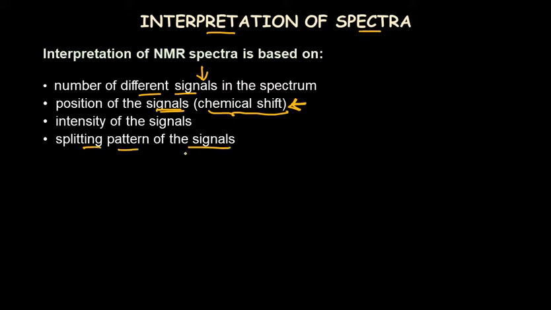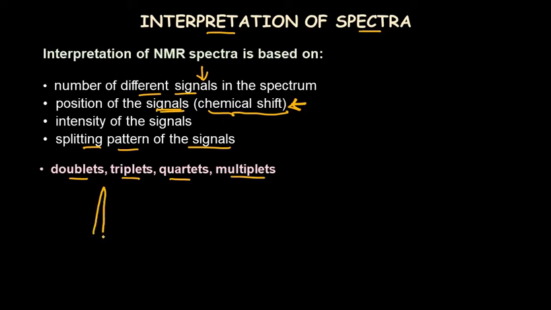Now I'll explain what we mean by the splitting of a signal. What kind of splitting do we have for the signals? We may have doublets, triplets, quartets or multiplets. Now what is a doublet? A single peak, rather than producing a single peak, may split into two signals. This is called splitting of the signal into a doublet.